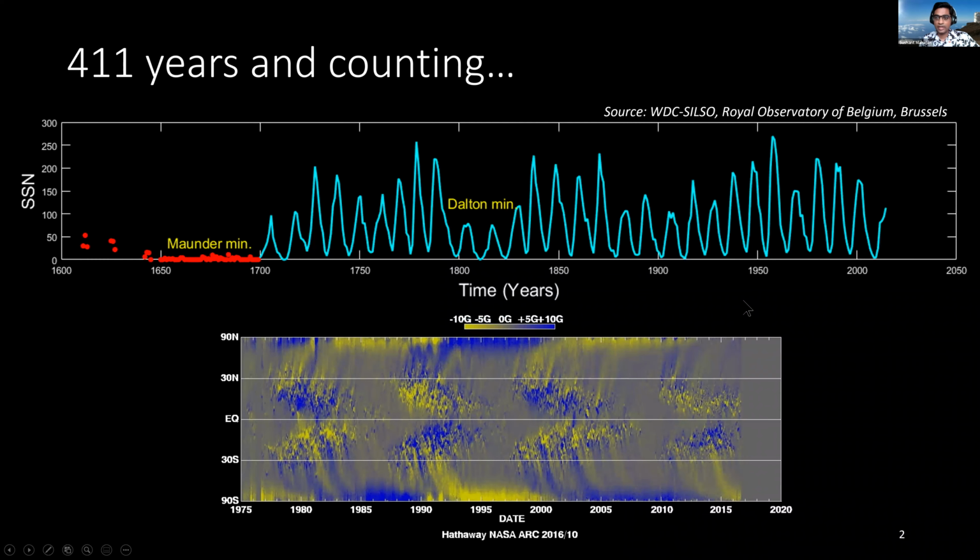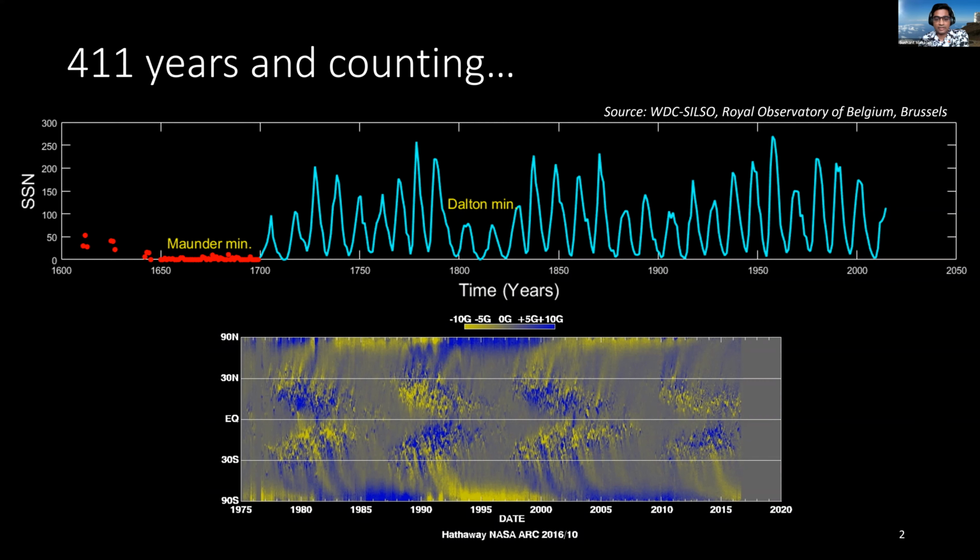All right, so we have 411 plus years of sunspot numbers recorded since the time of Galileo. It's one of the longest regularly maintained data sets in astronomy. And we know that the sunspot number waxes and wanes in cycles of roughly 11 years.